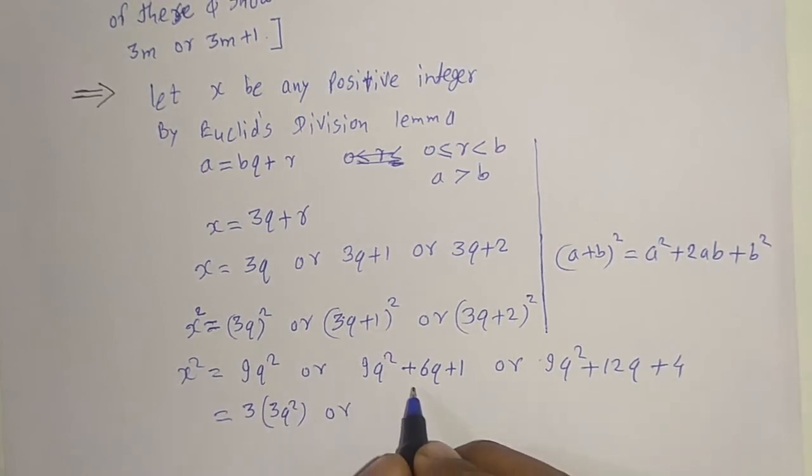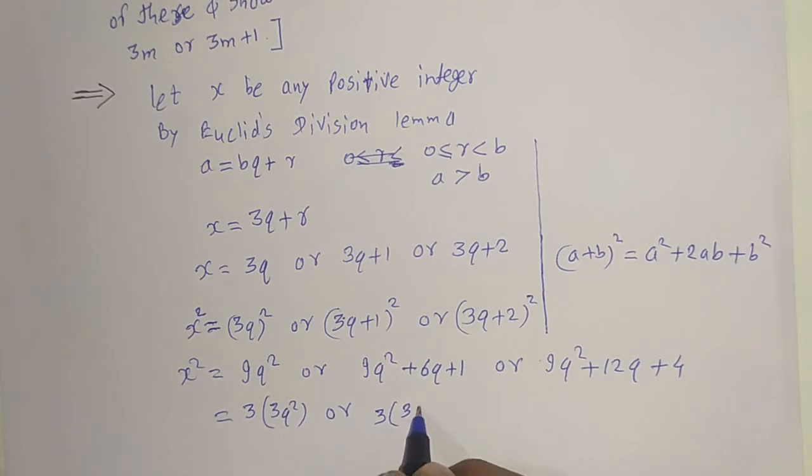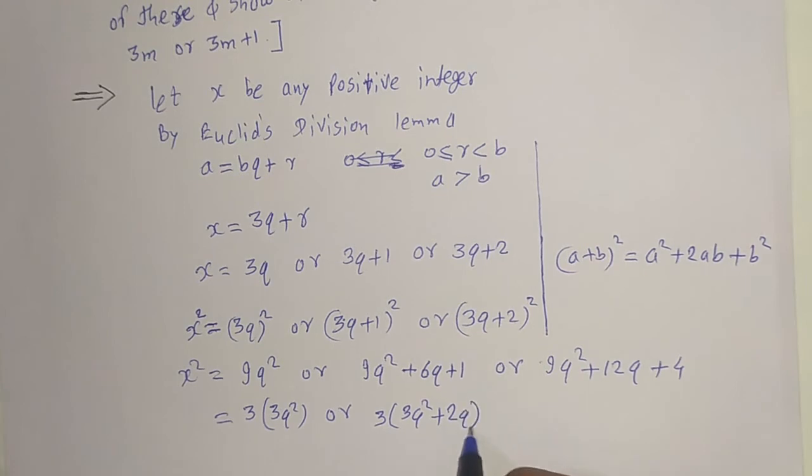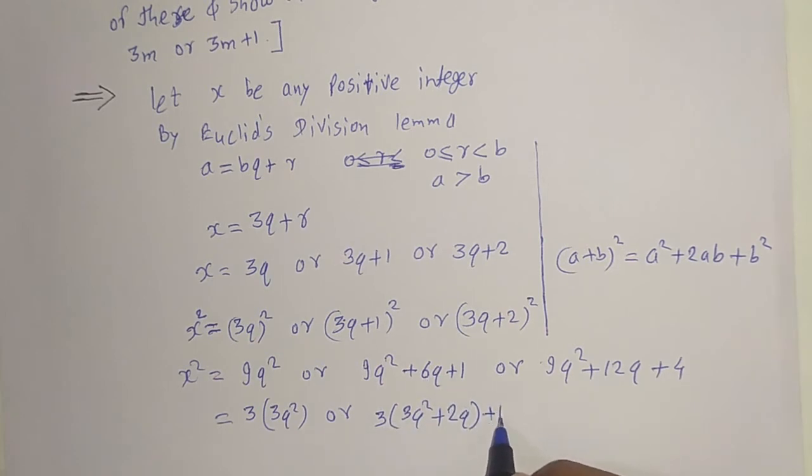Or you can take 3 common from these two terms, 3 into (3q square plus 2q), since 3 into 3 is 9, you got 9q square, and 3 into 2 is 6, you got the 6q, plus 1.